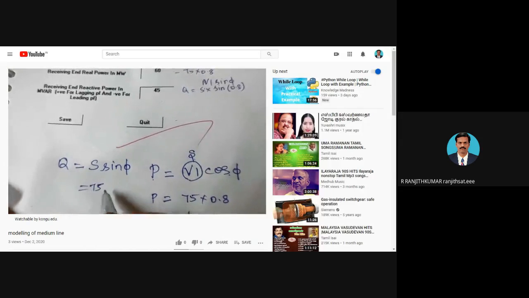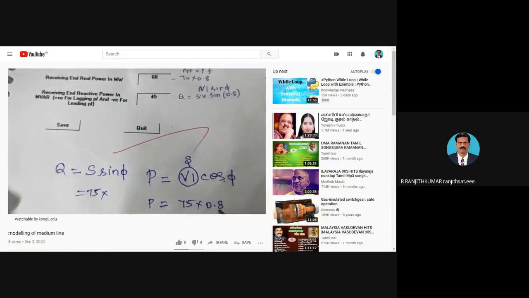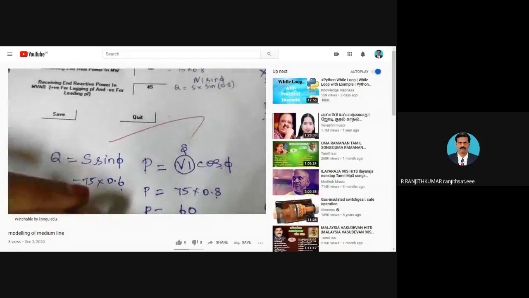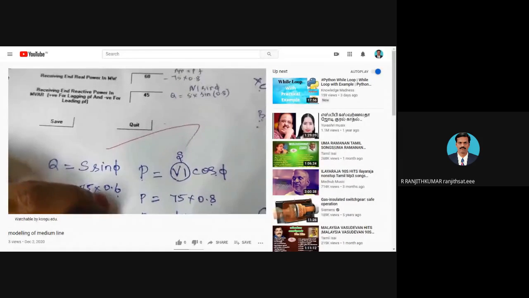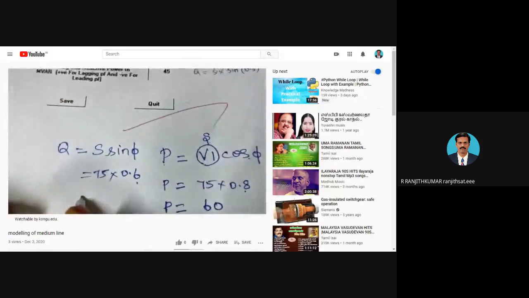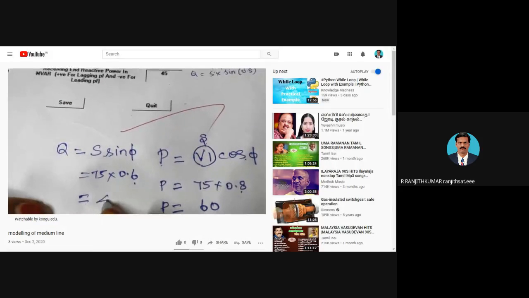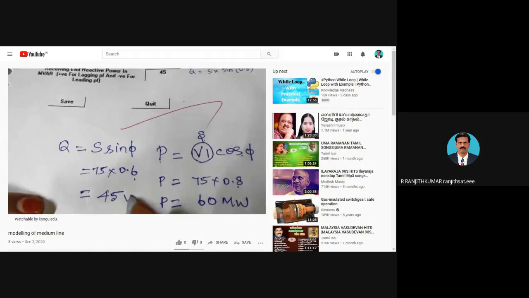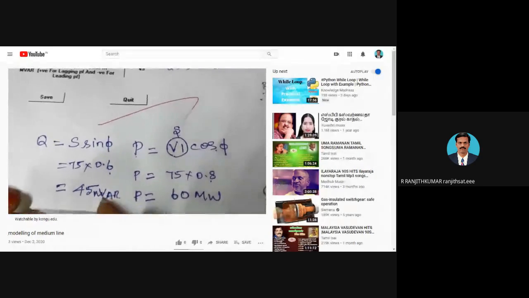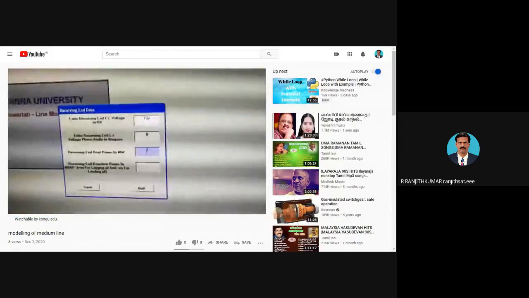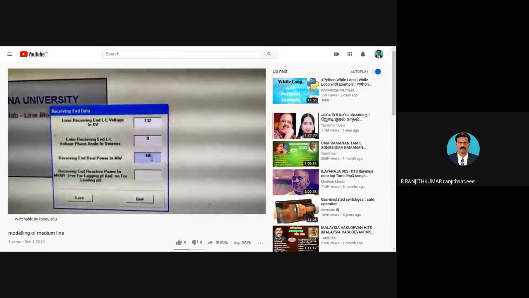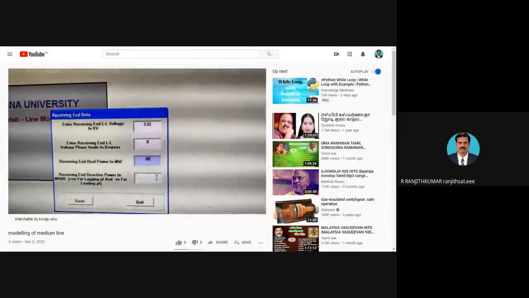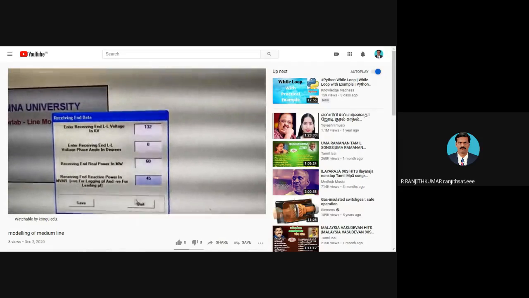S is 75, and if cos phi is 0.8, sin phi will obviously be 0.6. You can calculate using your calculator: take cos inverse and then take sin. So you will have 45. This is megawatt and this is megavar. So substitute here 60 as your real power and 45 as your reactive power.